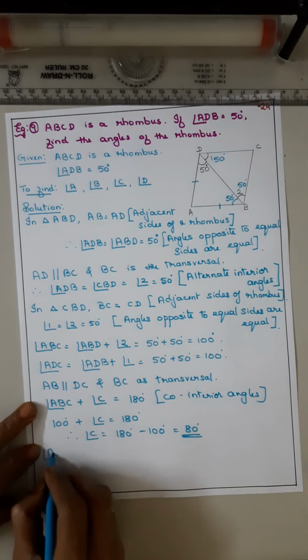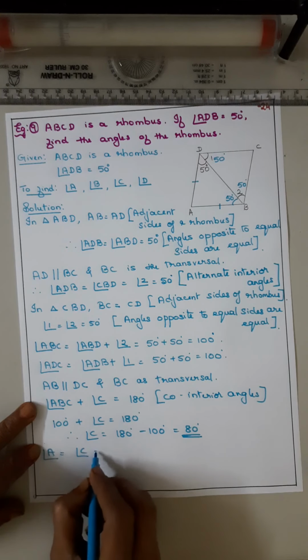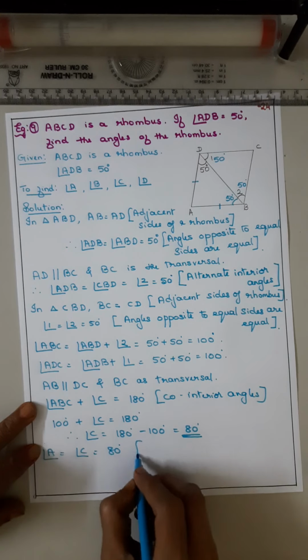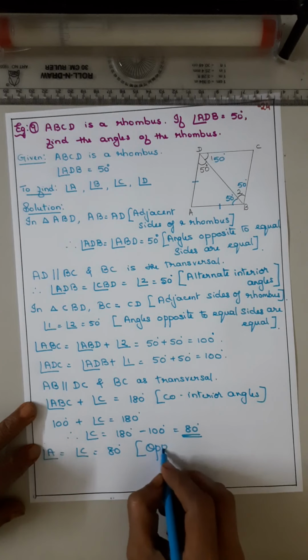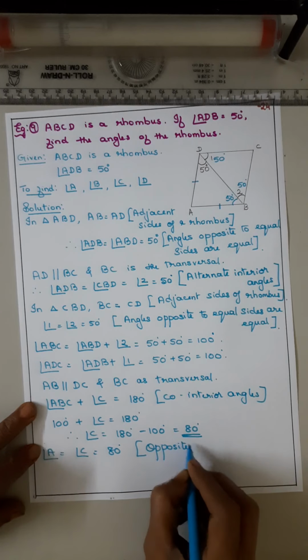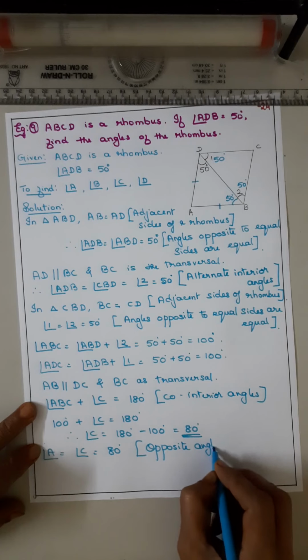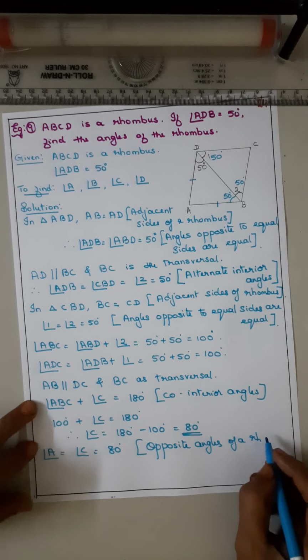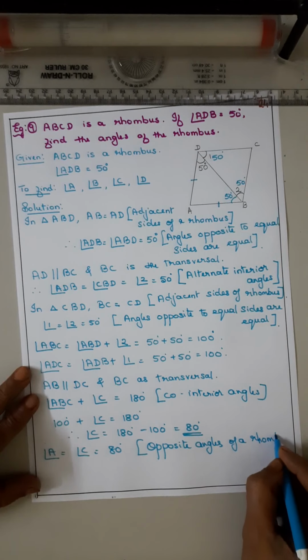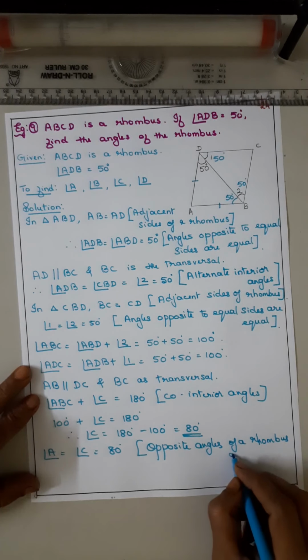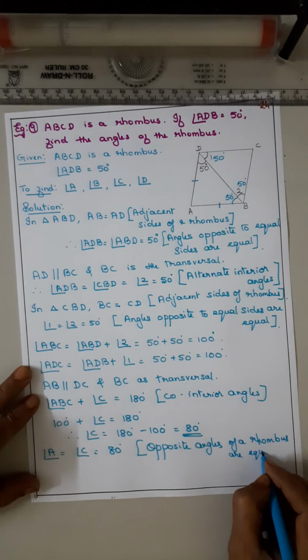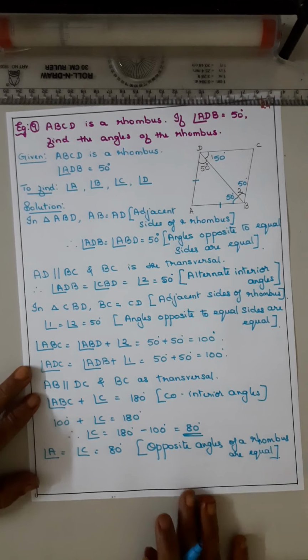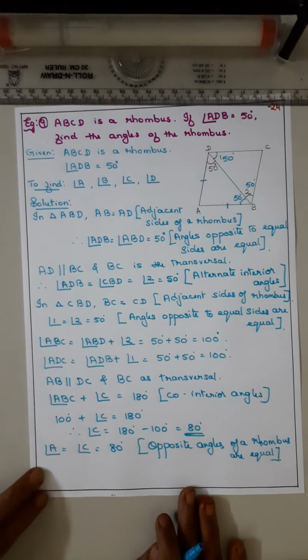Now angle A is equal to angle C is equal to 80. Why? Opposite angles of a rhombus. Why? Rhombus is a parallelogram, so they are equal. So you got all the angles.